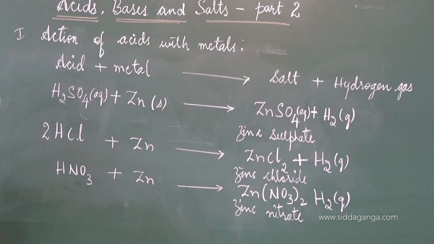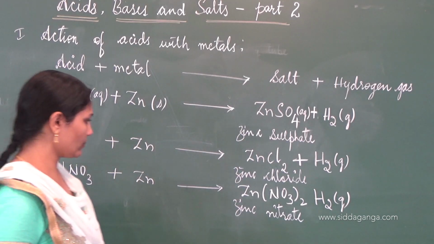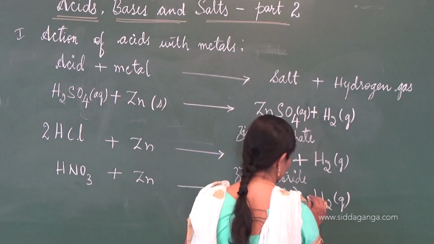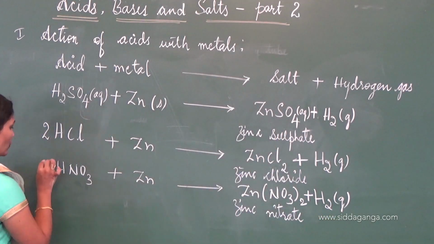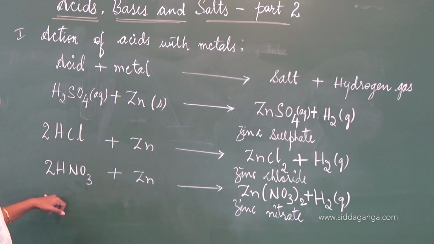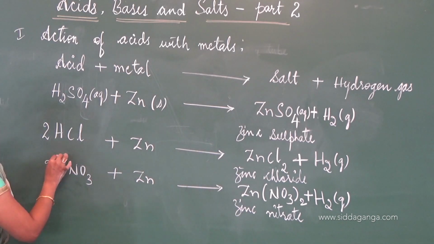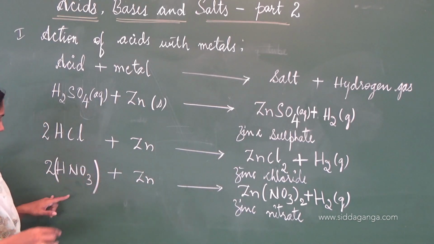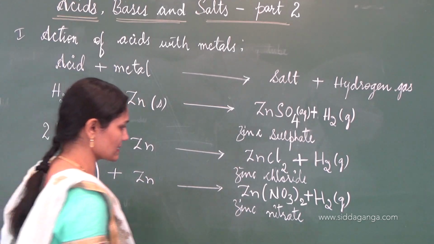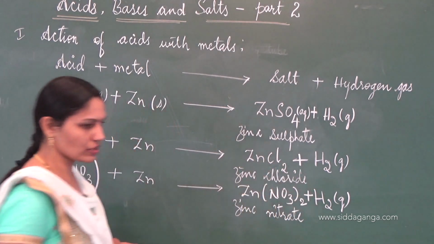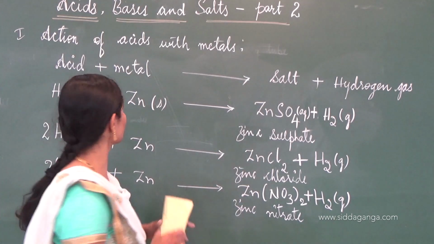Is this balanced? No, we need to balance it. Hydrogen is not balanced. To balance hydrogen, I'll put 2 here, and further nitrogen is 2, oxygen 2 into 3 is 6, and 2 into 3 is 6. Now the equation looks balanced, right? Yes, now it is balanced.